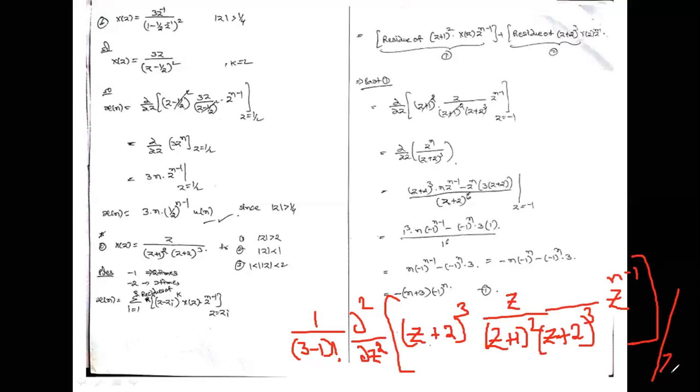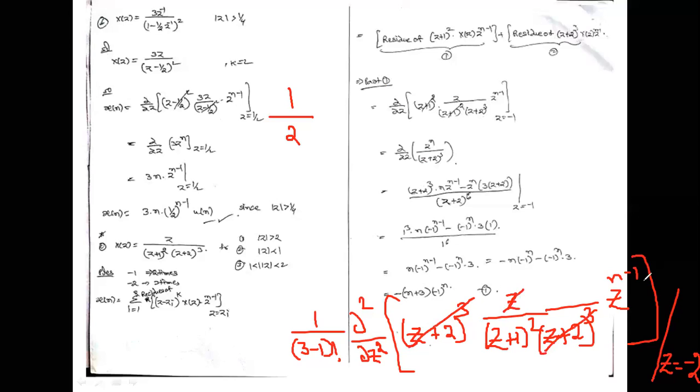At z is equal to, what is z here? Minus 2. Previously we checked minus 1 and here minus 2. Okay, 1 by 3 minus 1 factorial means 1 by 2 factorial. We'll get 1 by 2 and it's d square, and before that you can cancel these two terms.